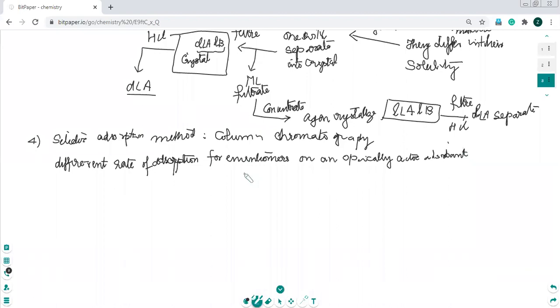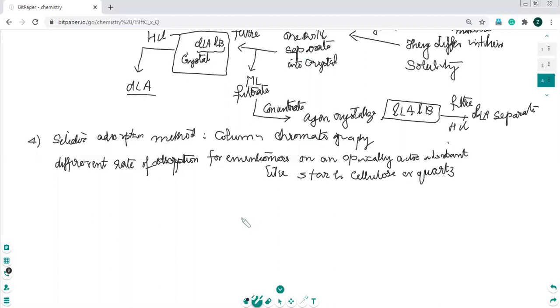Examples of optically active adsorbents are starch, cellulose, or quartz.